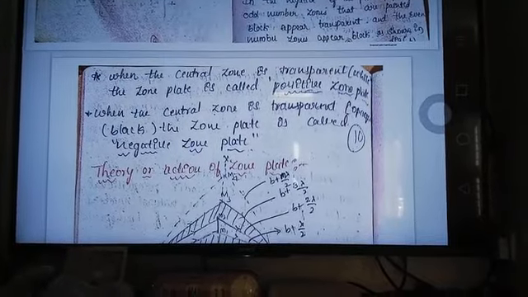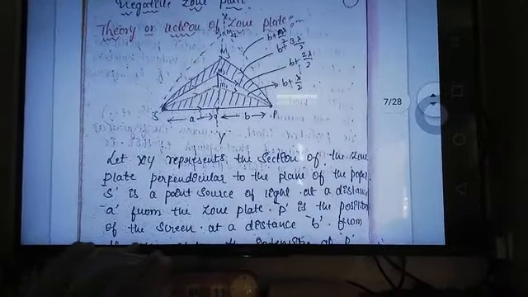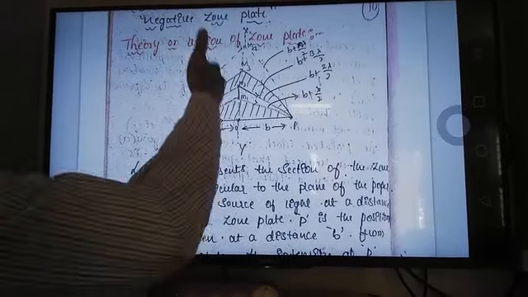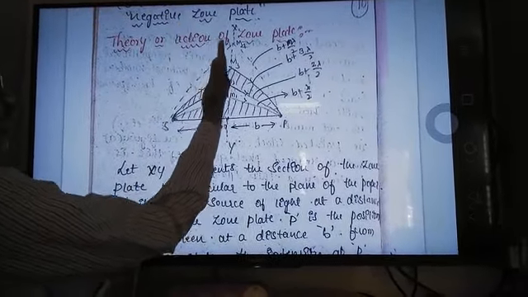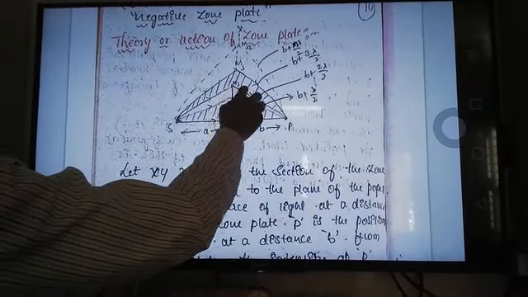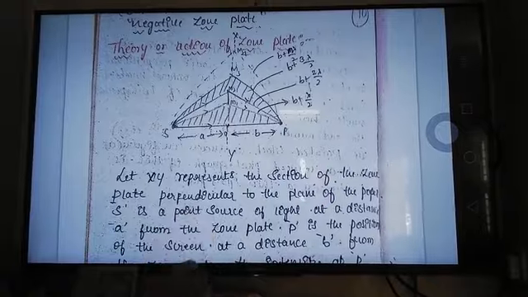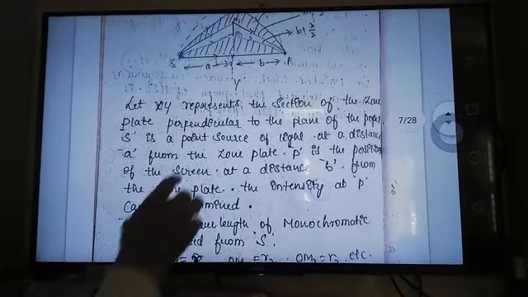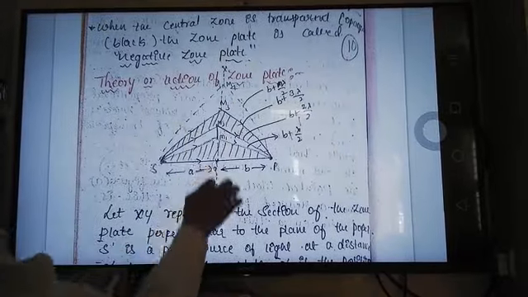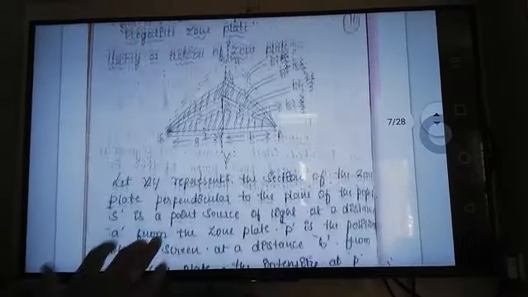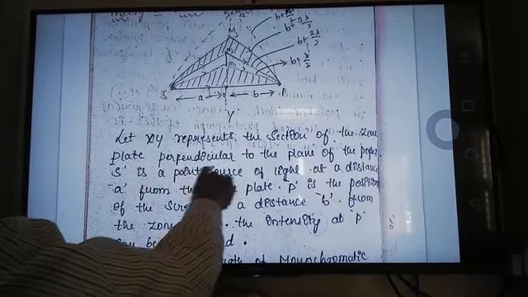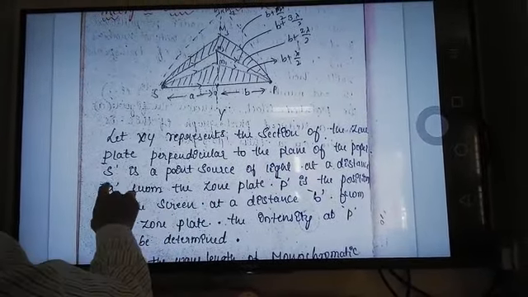Now let us go for the theory of the zone plate. So here is the zone plate. The zone plate will be like this, transparent, opaque, like this. XY is the zone plate, and this is perpendicular to the plane of the paper.